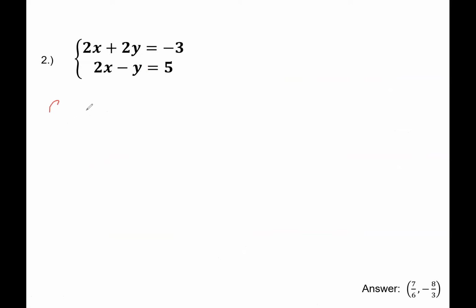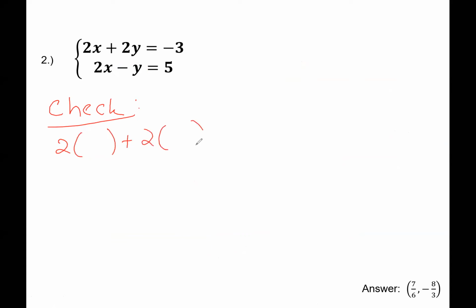So we're checking. So 2x plus 2y. I'm replacing 7/6 for x, and then I'm replacing -8/3 for y. And then that first equation was equal to -3. And now we'll just see if that's true.